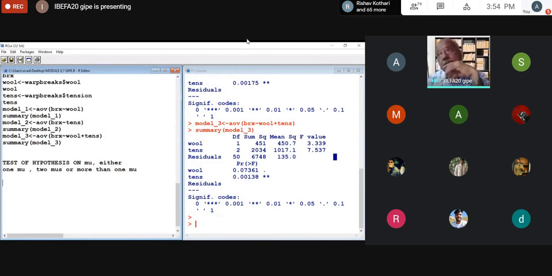In one parameter mu: critical value approach, p-value approach using standard normal distribution. In two parameter: critical value approach, probability value approach, and two mu's. More than two, or more than one, directly you can go for ANOVA, p-value approach.